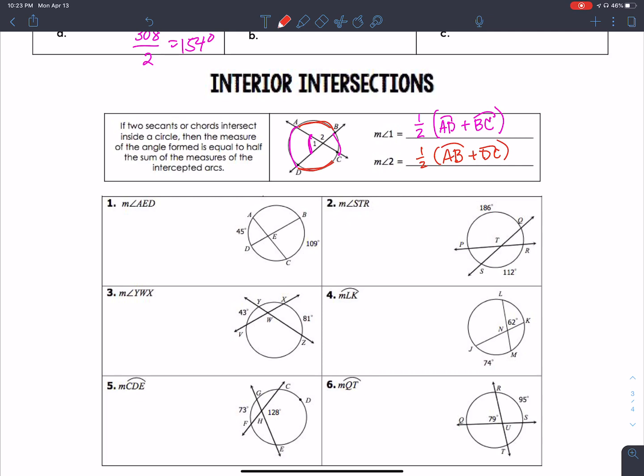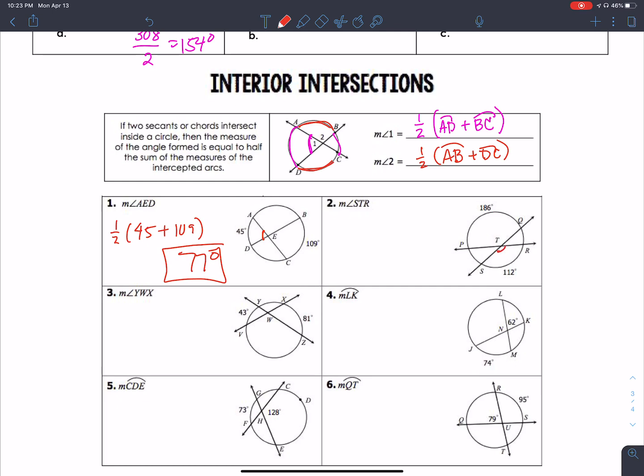So here we go. I want the measure of AED. So it's going to be half arc plus arc. In my calculator, I do half arc plus arc and that gives me 77 degrees. Same thing for angle STR.